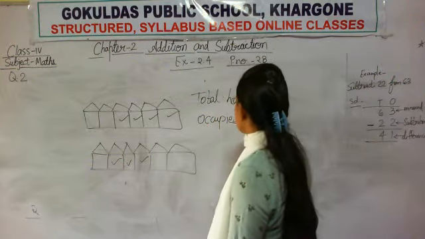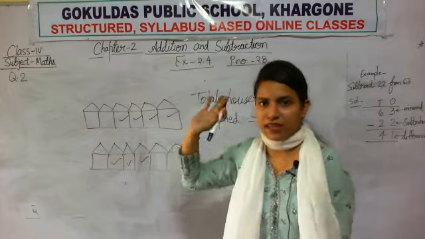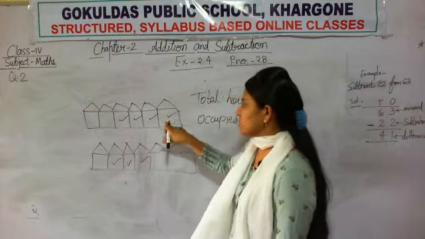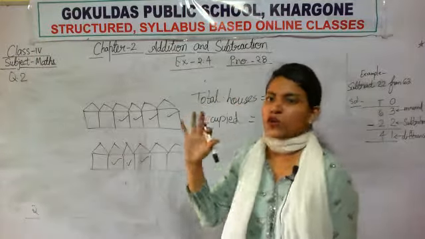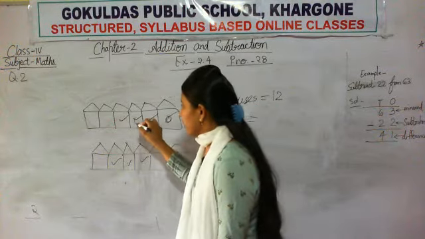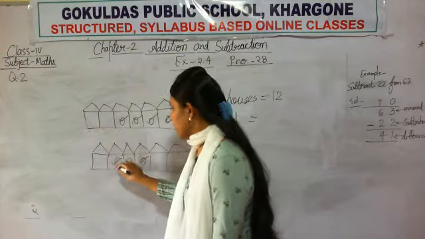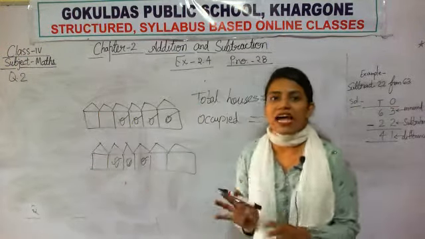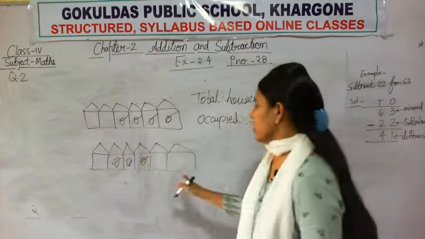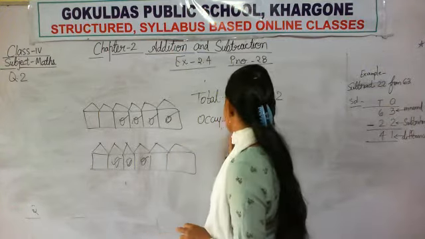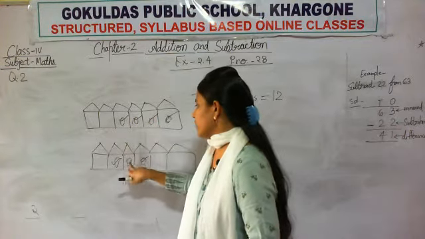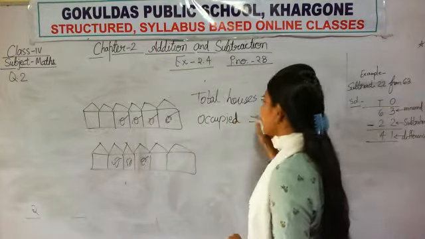Now count how many are occupied. Occupied means already someone has taken these houses. The houses in which I have put the tick symbol are occupied, meaning people live here. Occupied hai, and this is vacant. Vacant means these houses are empty. How many occupied houses are there? 1, 2, 3, 4, 5, 6 and 7 houses are occupied.